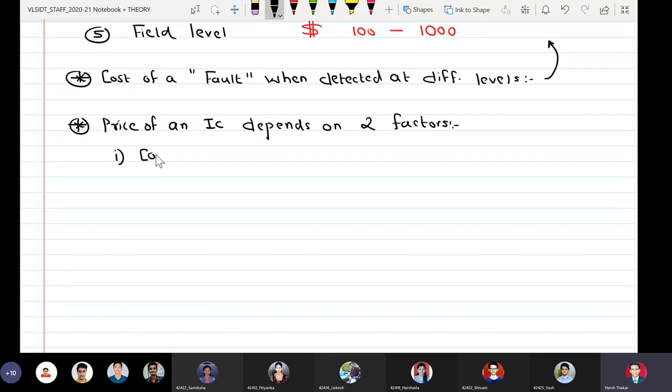First is the cost of manufacturing, and second is the profit margin.